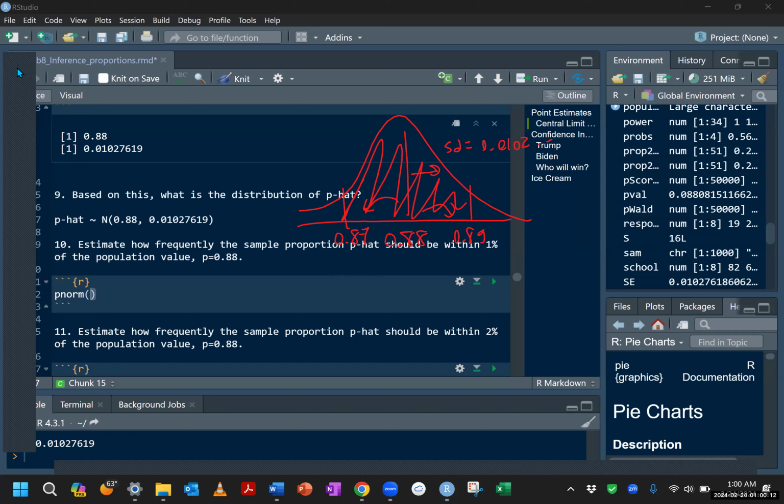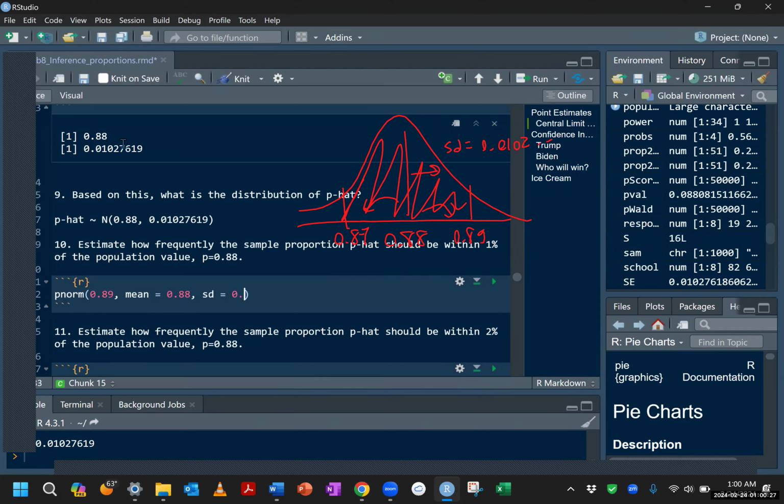So, like I've been teaching you, this skill of finding our probabilities now comes into play in a big way. So the mean of this distribution is 0.88, standard deviation. I'm just going to copy this.